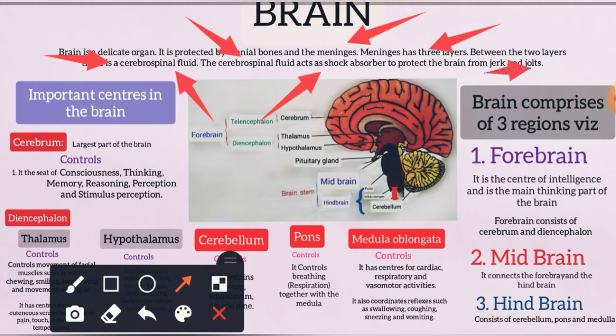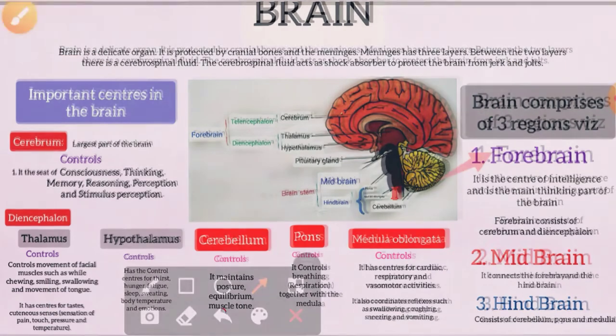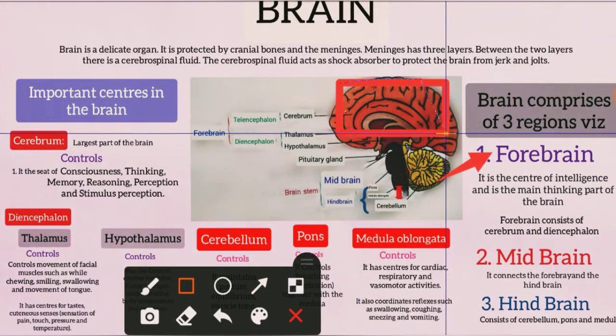Look at this diagram. The brain comprises 3 regions, which are called the forebrain, the midbrain, and the hindbrain. In the diagram, this one till here forms the forebrain.